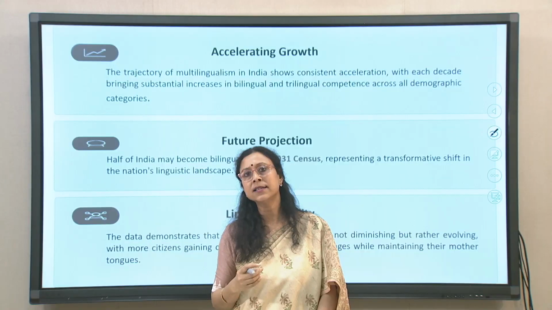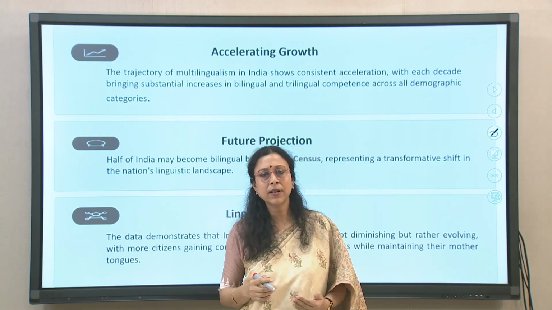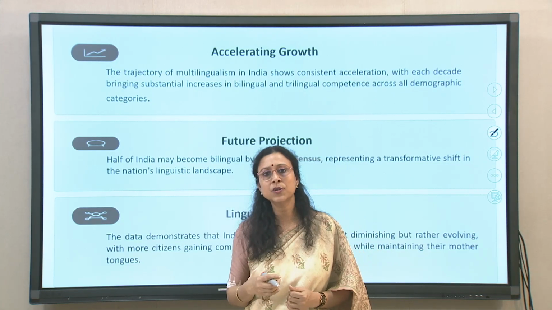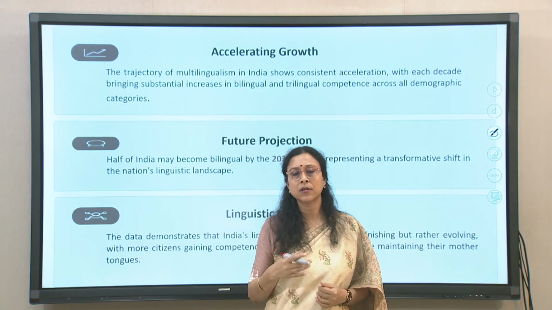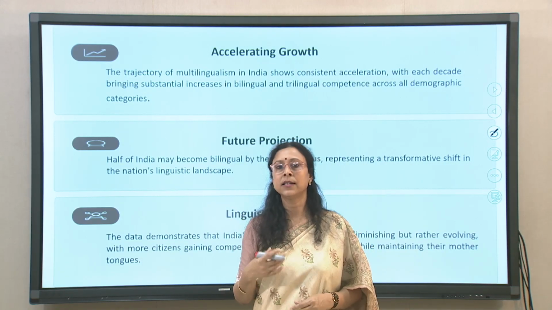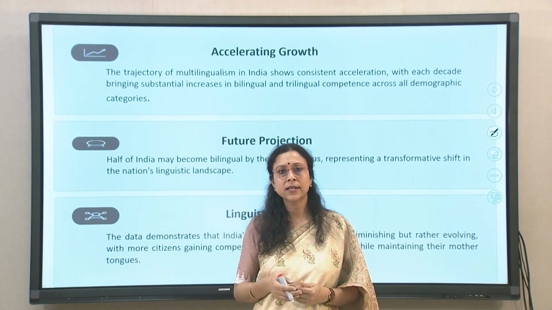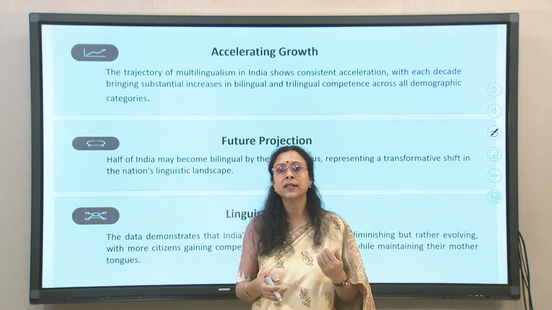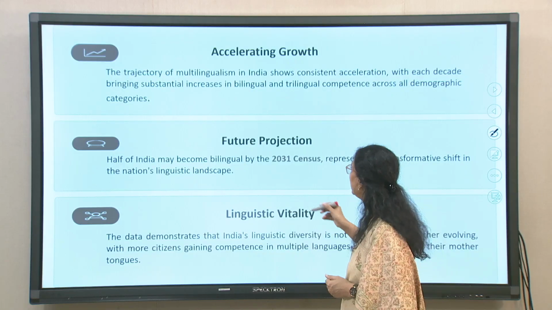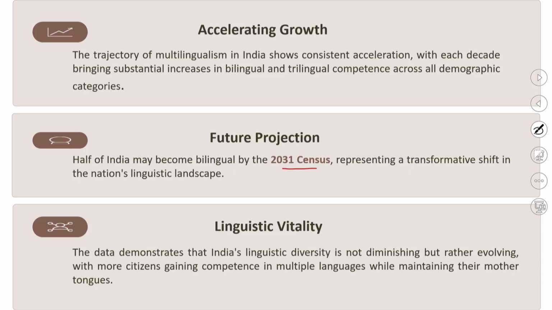So, basically this tells us that in India, bilingualism and multilingualism have been prevalent for thousands of years, and the trajectory of multilingualism even today shows consistent acceleration, because of globalization, the internet and so many other new things that have come into existence, which have accelerated the pace of multilingualism in India. And the future projection is that by the 2031 census, half of India may become bilingual.